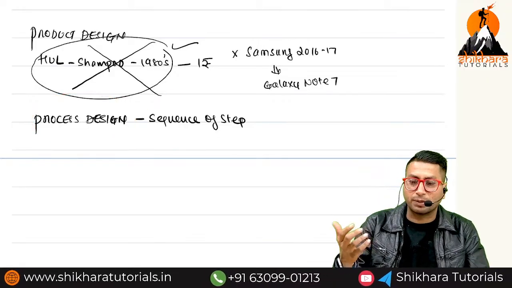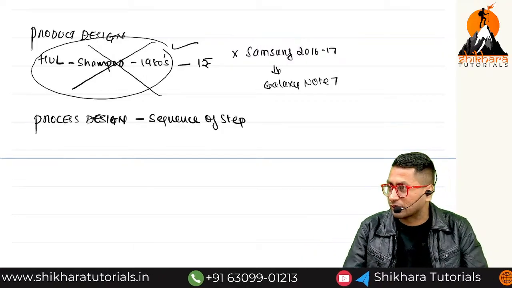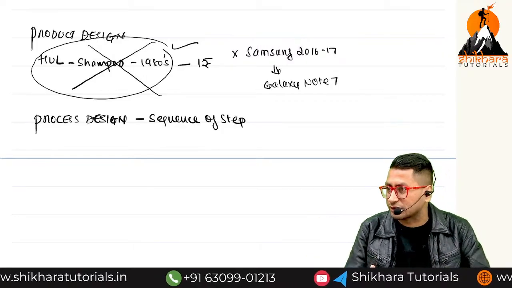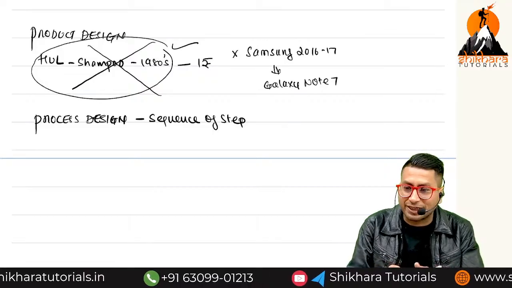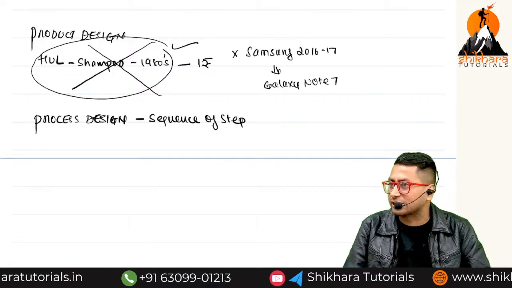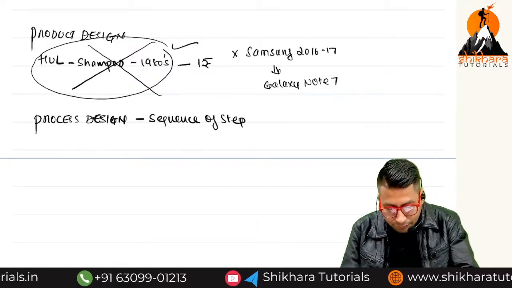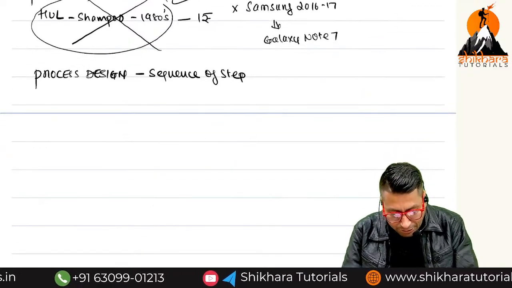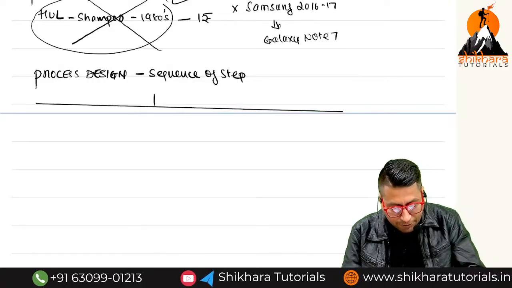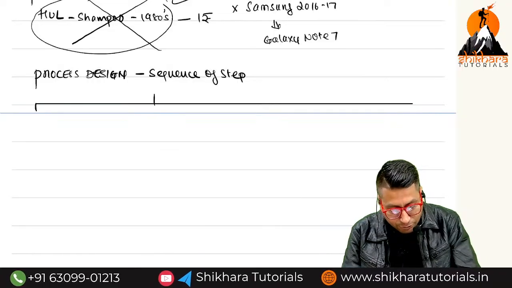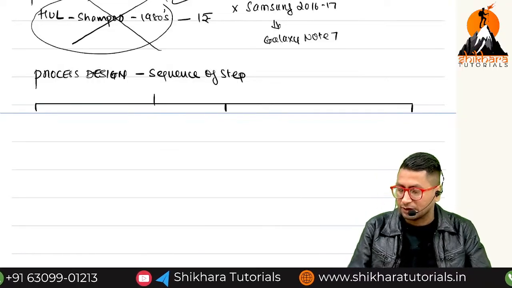Especially in the case of big companies like Flipkart and Amazon, where they get millions of orders in a day. Is it easy to manage the inventory or very difficult to manage the inventory? Very difficult to manage the inventory. So that is why, in process design, Flipkart does 3 things. I'll tell you the process design of Flipkart. 3 things it does.